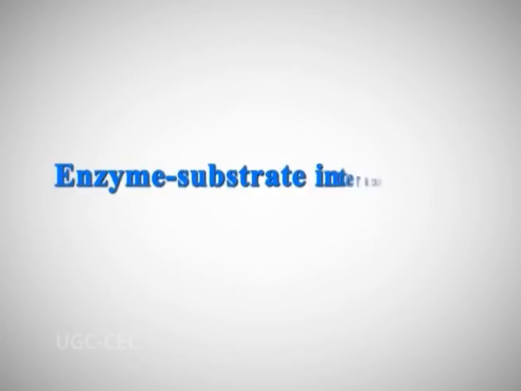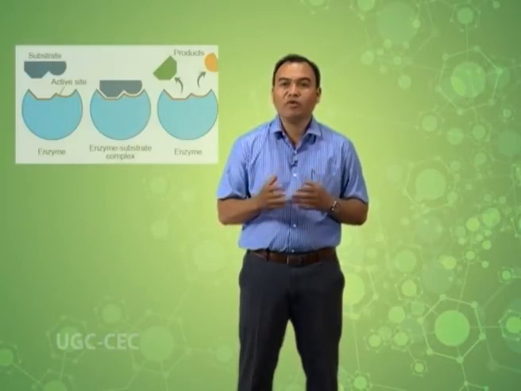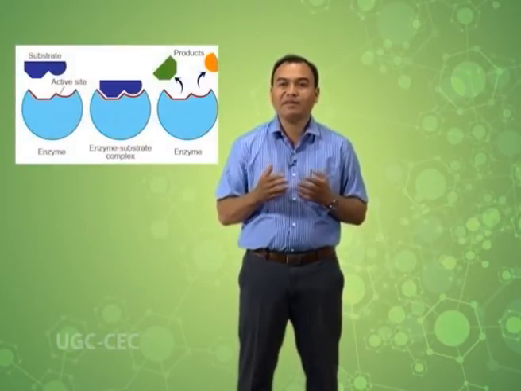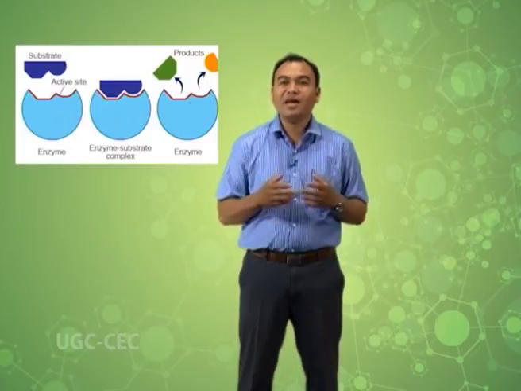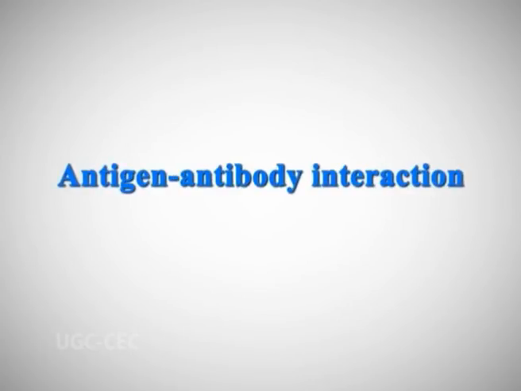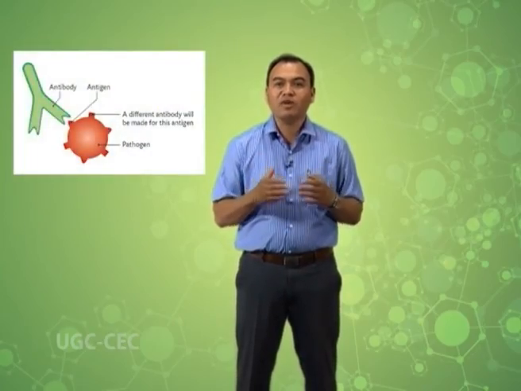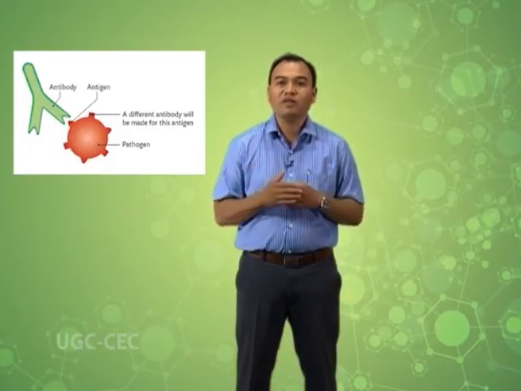Next is enzyme-substrate interaction. Non-covalent interactions like hydrogen bonding, hydrophobic, ionic, and van der Waals interaction are important in having specific interaction between enzyme and its substrate. Next is antigen-antibody interaction. As in enzyme-substrate interaction, those non-covalent interactions are important for specific antigen-antibody interaction.